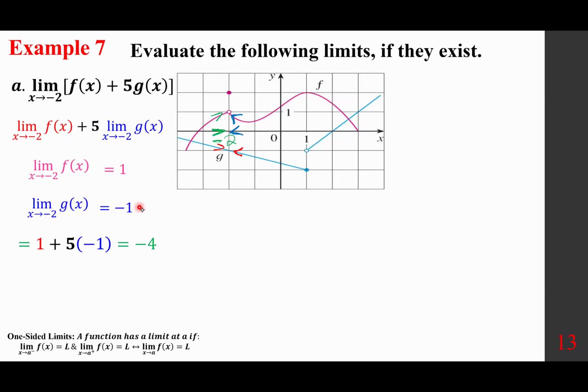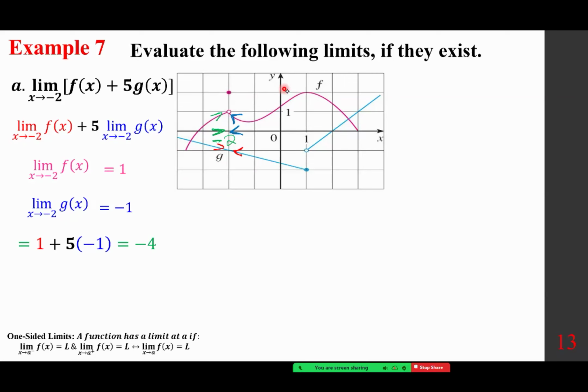You need to understand the limits. Just for the sake of argument, this is -1, even g of -2 is -1, there is no discontinuity. But f of -2 is the y coordinate of the solid point, 2.